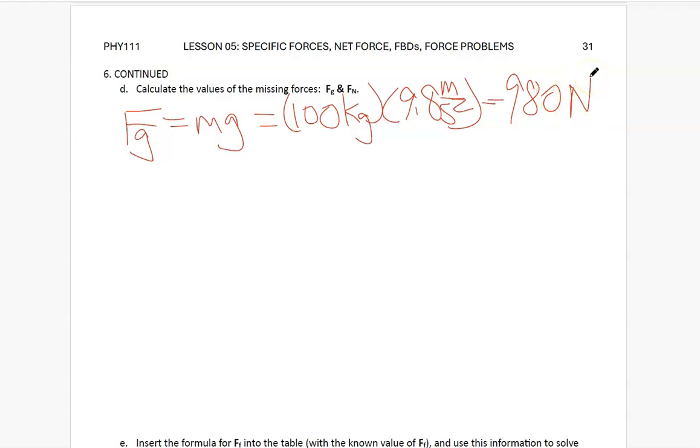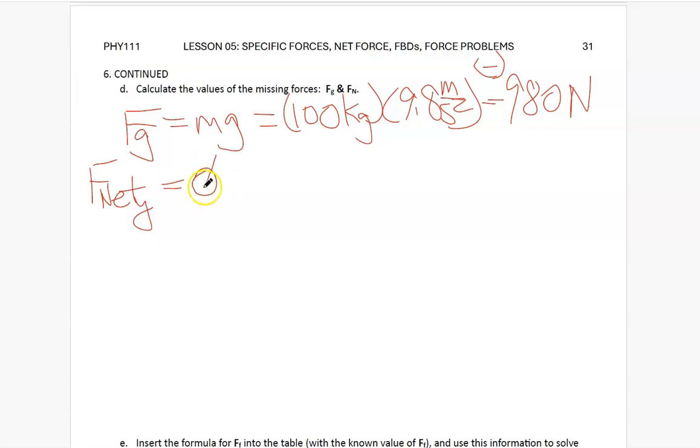Now, normally, if there were no other vertical forces besides the weight force and the normal force, to balance those two out, we would just say, oh, the normal force is the opposite. It's also 980, and we remember the weight force is in the negative direction, and we would say the normal force was positive 980. But we can't do that anymore, because remember, the net force in the vertical direction is the sum of three forces now, not just two.